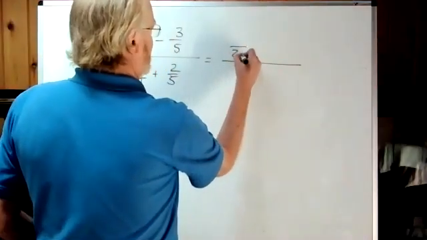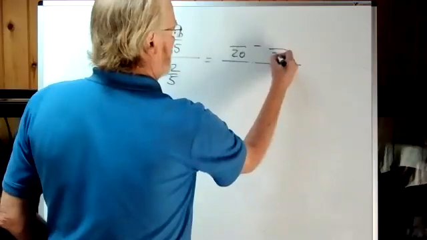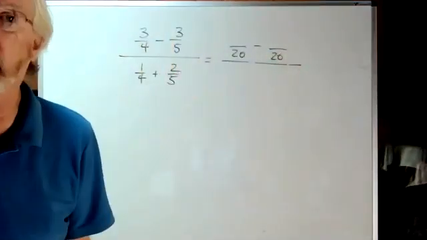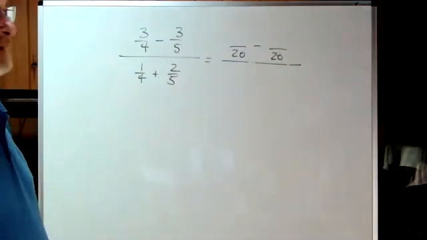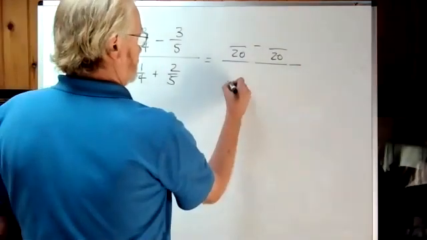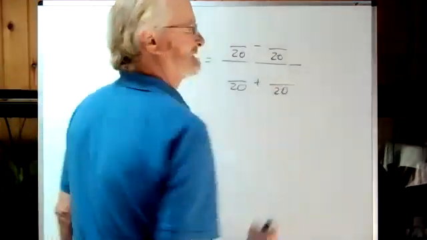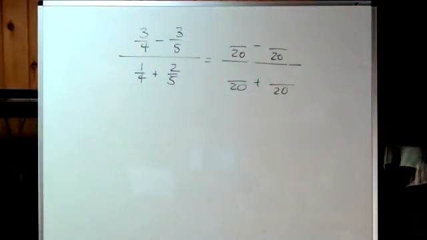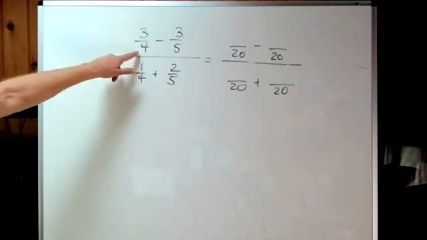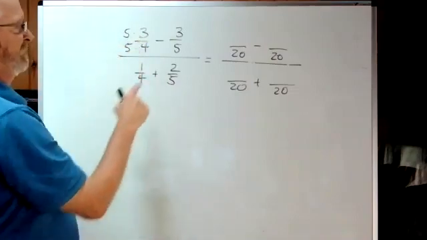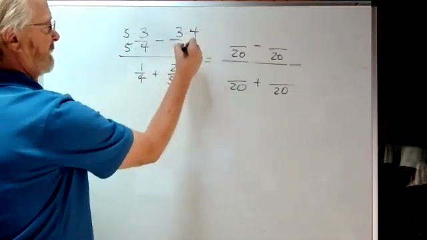It just so happens that both the numerator and denominator have the same two numbers, and so 20 is going to work on the bottom also. That won't necessarily be the case all the time, but just this problem was designed with the same denominators all around, you might say. Okay, how do I turn this into 20? Multiply by 5. How do I turn that into 20? Multiply by 4.